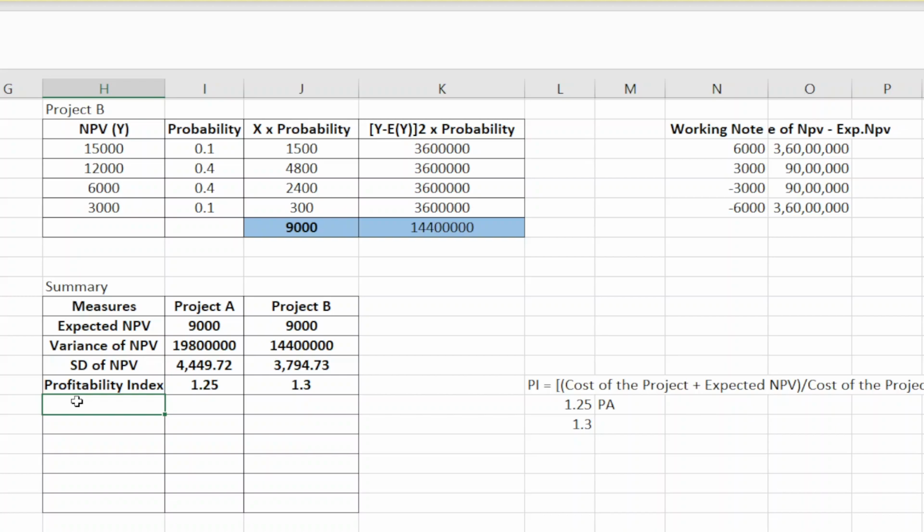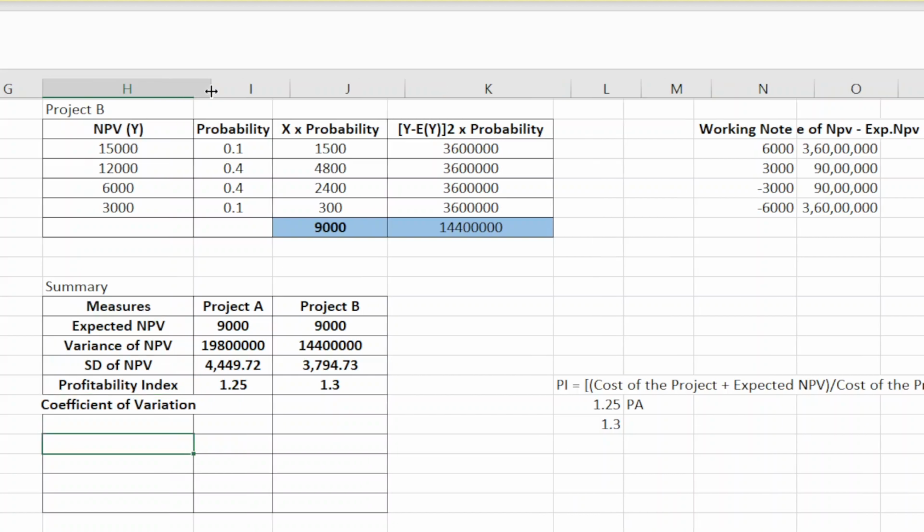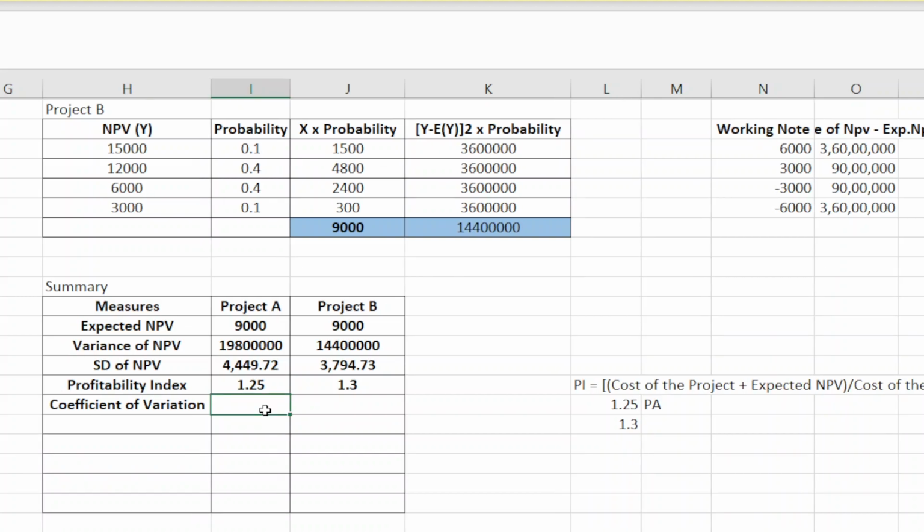So now, which project do you recommend? They have also told us to recommend the project. We will be able to recommend a particular project using the coefficient of variation. We will be able to capture the variations and tell which project can be taken ahead, because expected NPV is the same in both cases.